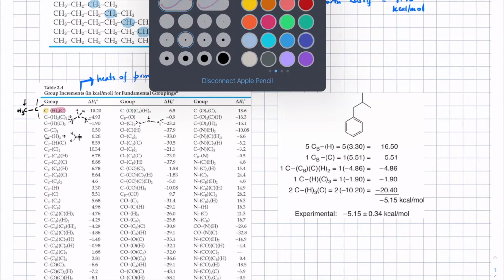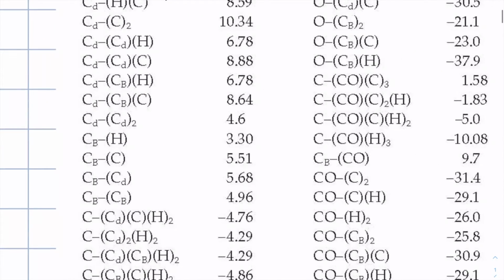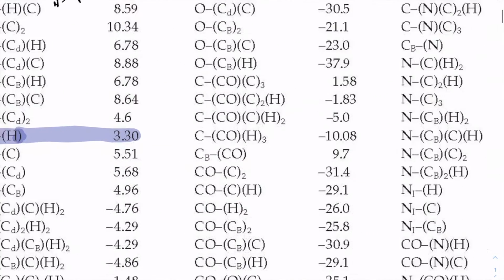So let's see where we can find that entry in the table. Coming over here, there is a benzene carbon bonded to hydrogen, and the value is 3.3 kcal per mole.